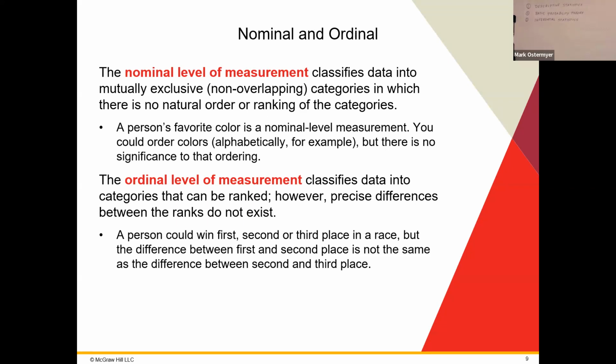For instance, a person's favorite color would be a nominal level of measurement. If I throw out the basic colors of red, blue, and let's say yellow, if I order those colors, is there any significance to ordering those colors? If I say blue, red, yellow, or yellow, red, blue, do you think there's any significance to the ordering?